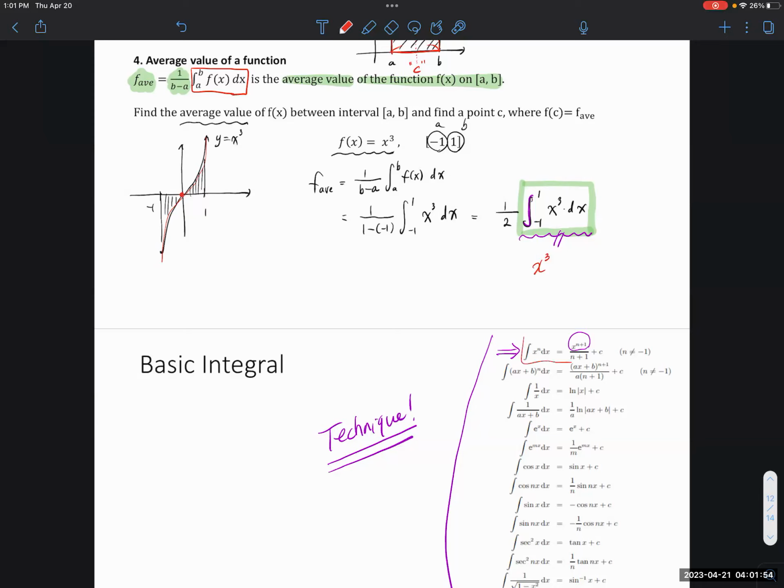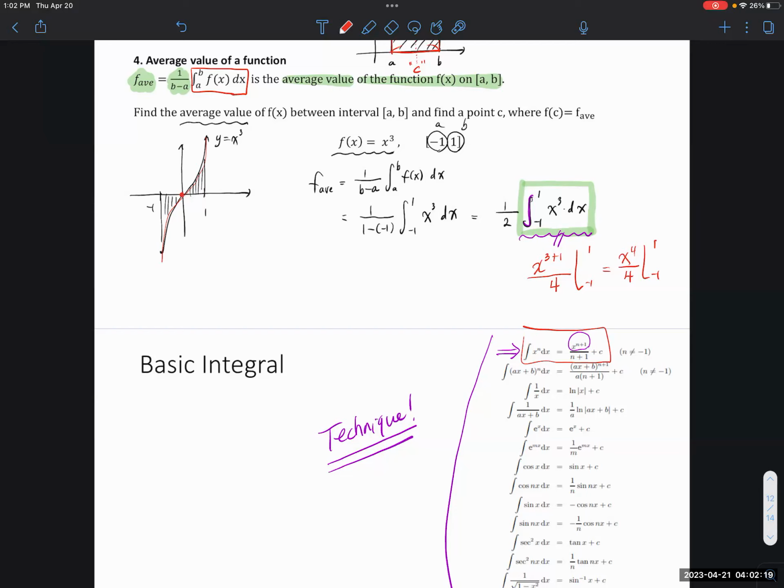According to the technique, we add 1, and 3 plus 1 is 4. And you divide by that new exponent, 4. So then you have -1 and 1 at the end. Let me keep writing. That means x to the 4 over 4, from -1 to 1.